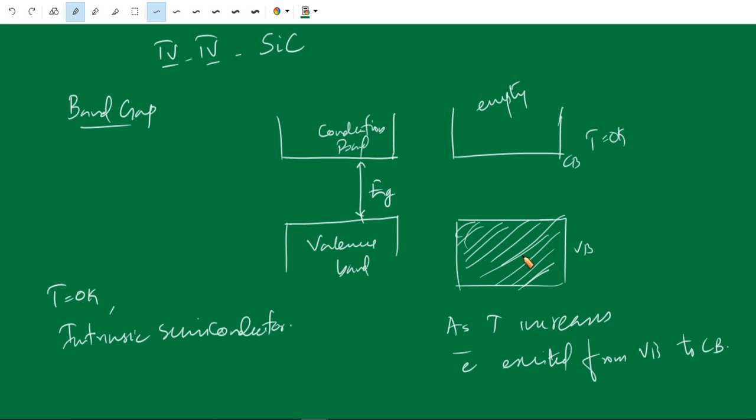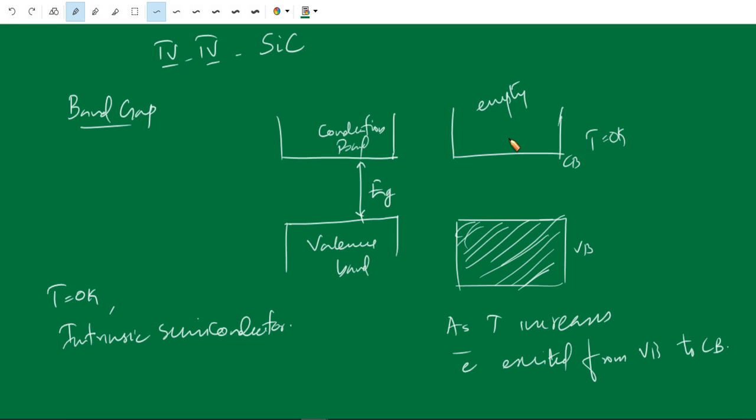So a hole is there in the valence band and the electron goes to the conduction band. Both electrons and holes contribute to the conductivity. There will be two carriers from one excitation, and they contribute to the conductivity of semiconductors.